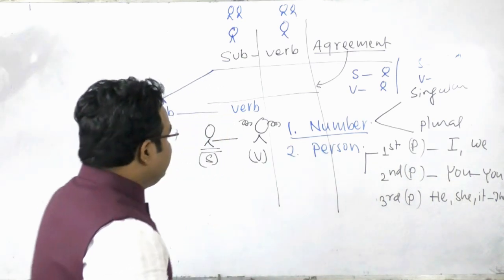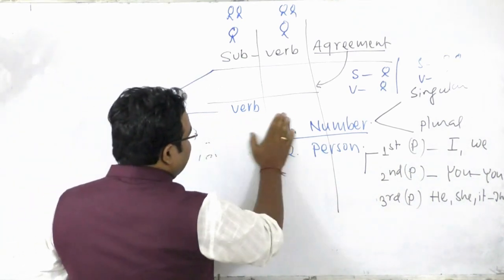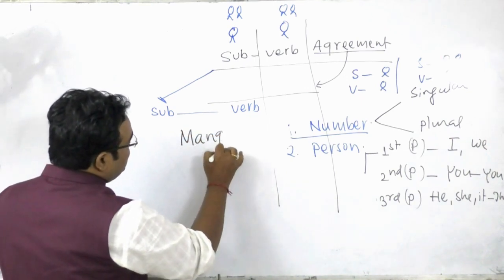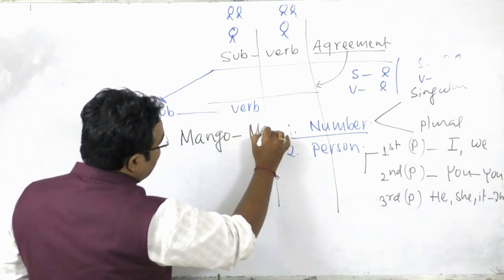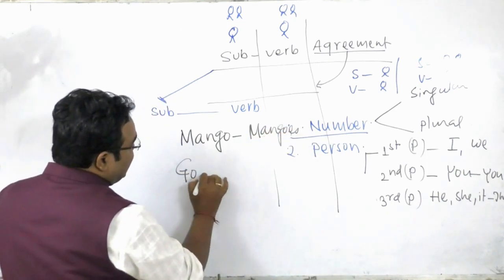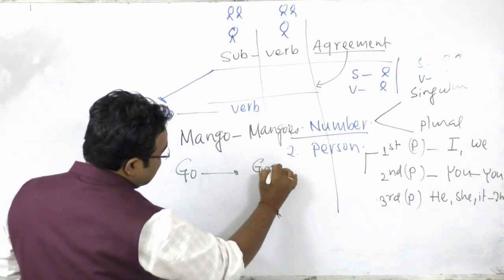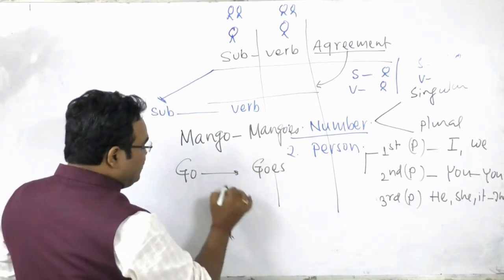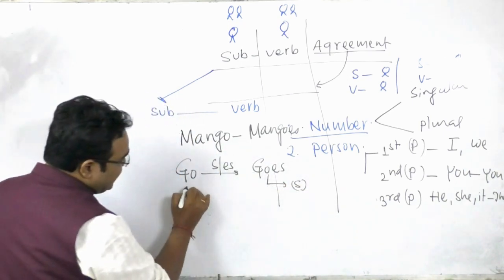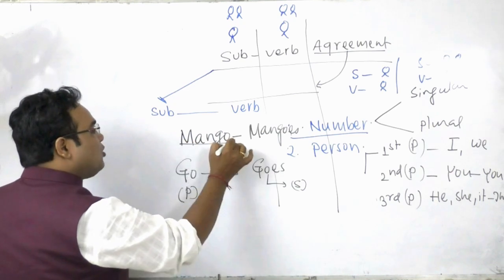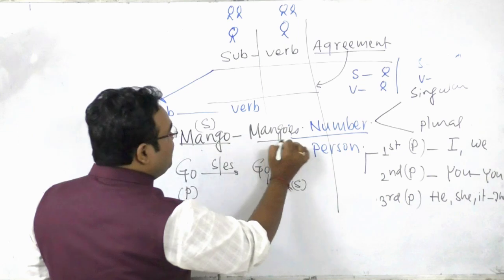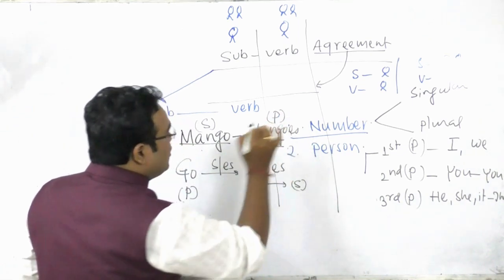Now look, take an example of a subject like mango. The plural of mango is mangoes. But if you take the example of a verb, it is just the reverse. In case of a verb, when you add s or es, it becomes singular. But in case of a noun, without s or es it becomes singular, and with s or es, it becomes plural.